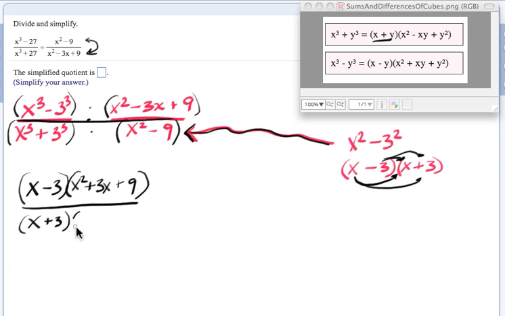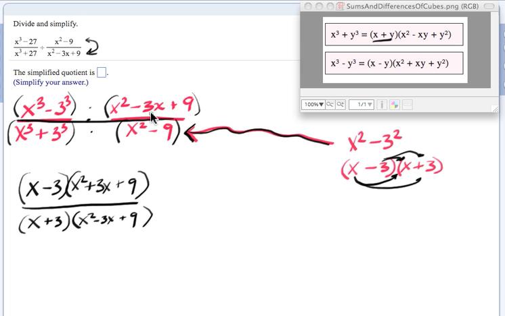But it's the same game. The first term is this squared, the last term is this squared, and then the middle term here, though, is actually going to be negative, and you multiply these two together and make it negative. So 3x, and we get a minus 3x.